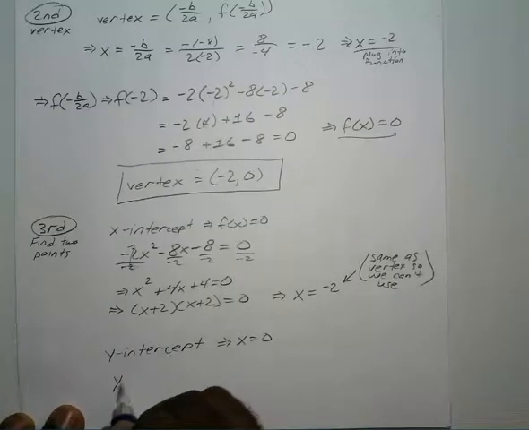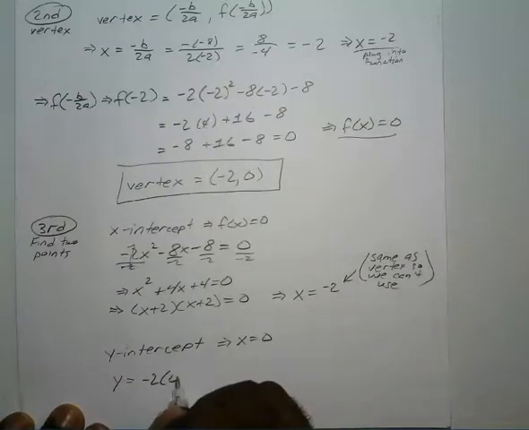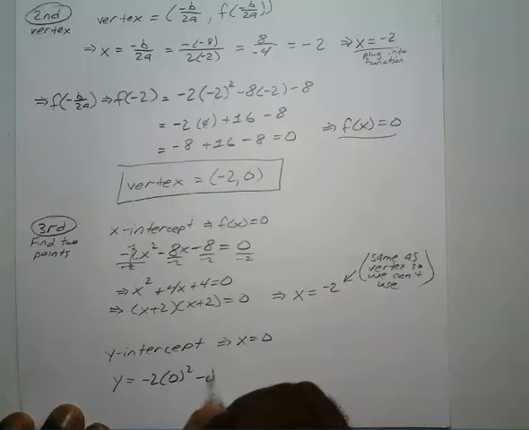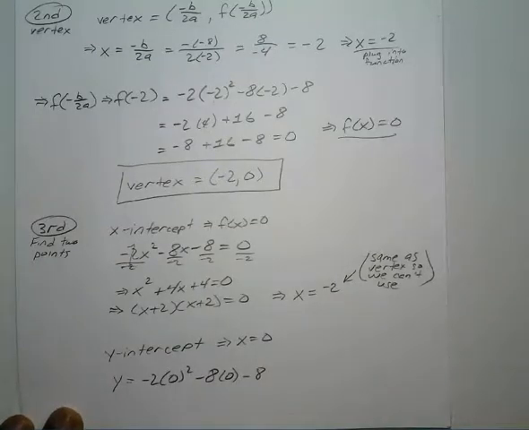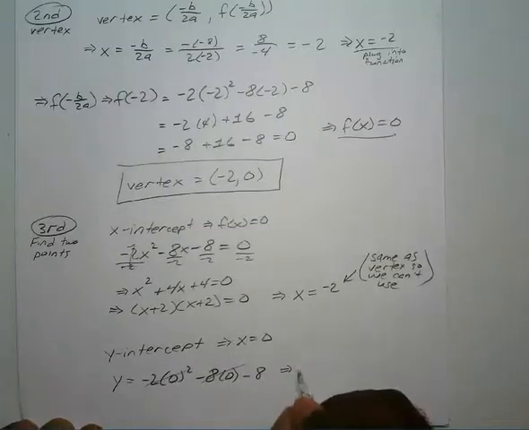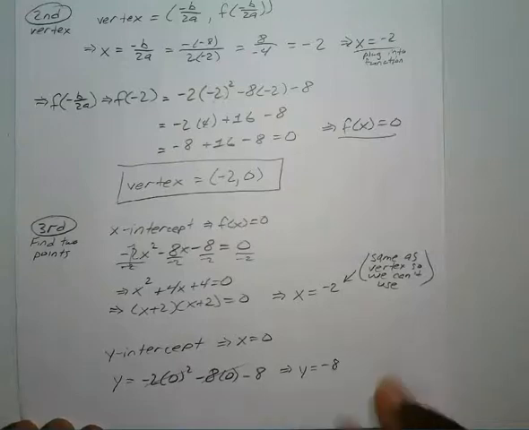So you have y equals negative 2 times 0 squared minus 8 times 0 minus 8. The reason this is so convenient is because the zeros just cancel those out. Negative 2 times 0, 0, 8 times 0, 0. So you just have y equals negative 8.